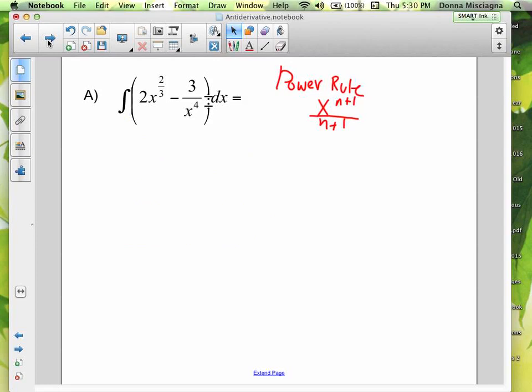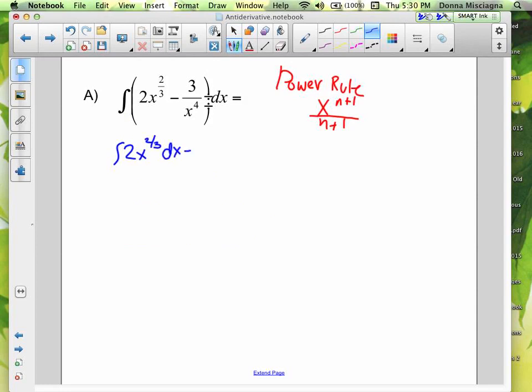Okay? This one will be a power rule. So I am going to rewrite this a little bit. So I've got the integral of 2x to the 2/3 dx minus the integral of 3x to the negative 4 dx, because 3 over x to the 4th is the same as 3x to the negative 4.